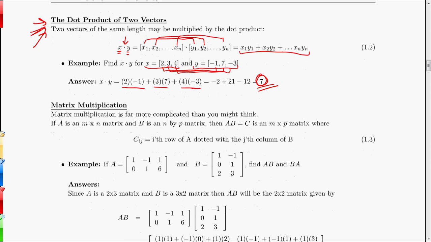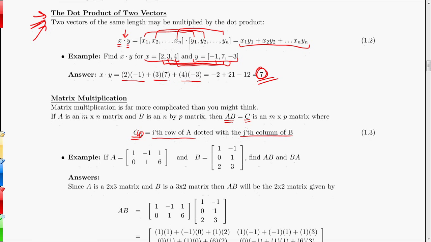Here's how it goes. Suppose you take A times B, and notice there's no dot there, it's just AB, and I get a new matrix C. It is defined like this: the ijth term in C, the i-th row, j-th column, comes from the ith row of A dotted with the jth column of B.